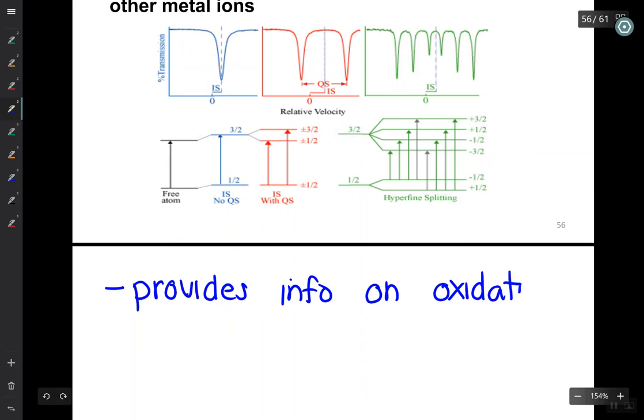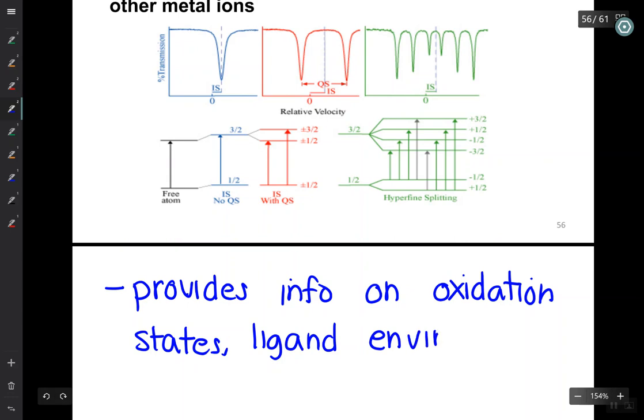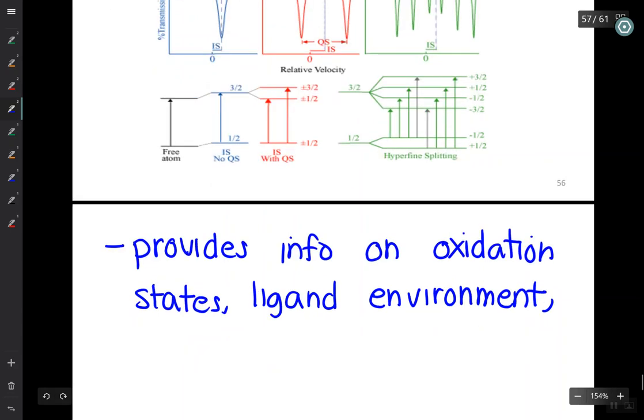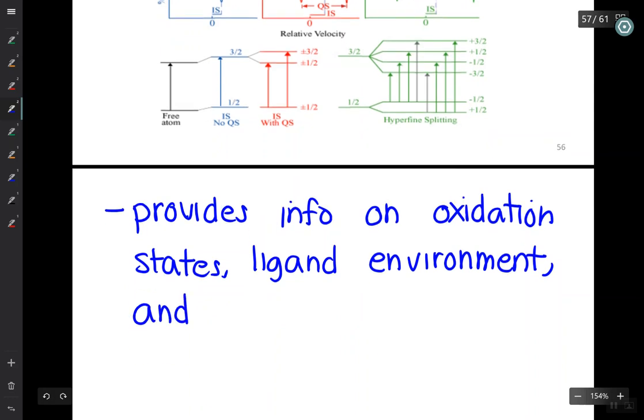As inorganic chemists, we are always talking about oxidation states. It also tells about the ligand environment, whether it is symmetric or asymmetric, and can differentiate between chemically distinct iron centers.